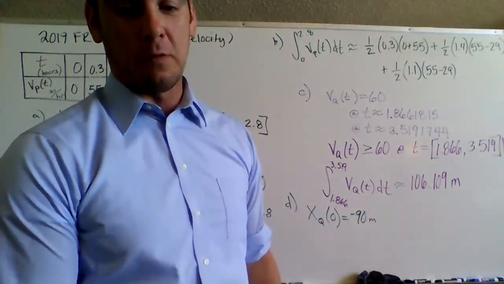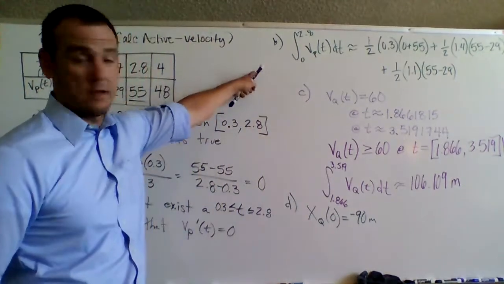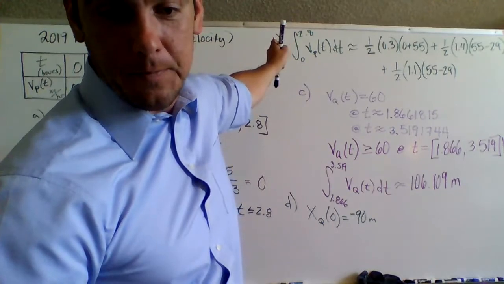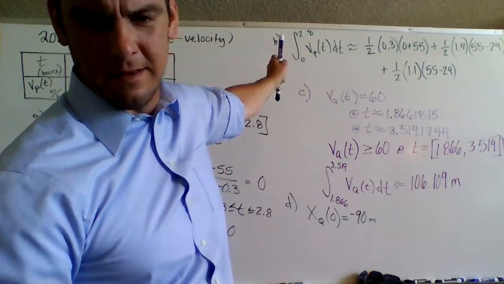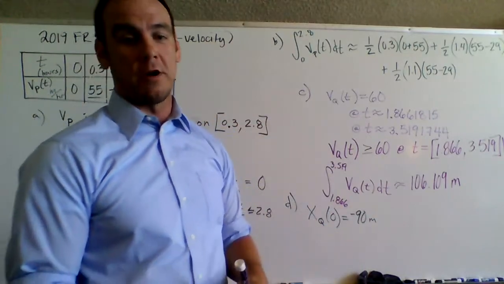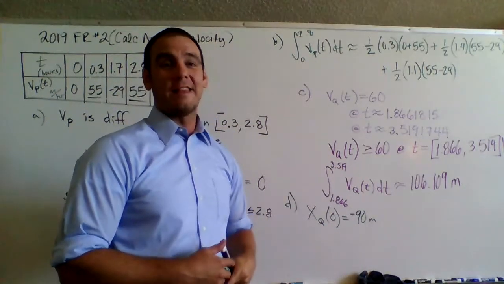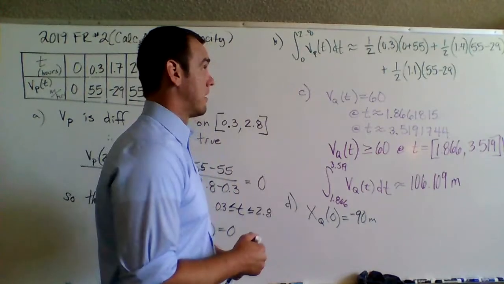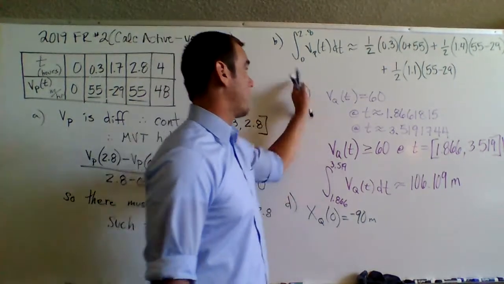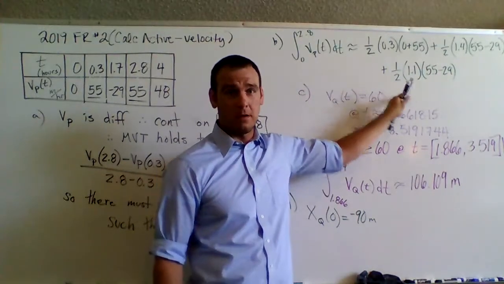Using the result from part B, and the function VQ from part C, approximate the distance between particles P and Q at t equals 2.8. Okay, so this is when I went back and I was like, all right, I'm actually going to have to figure out what this number is.